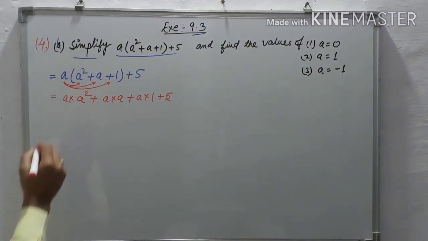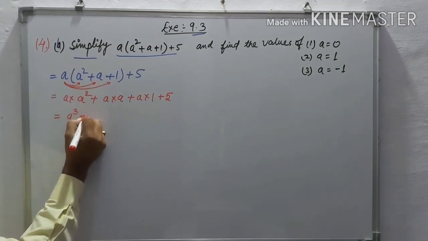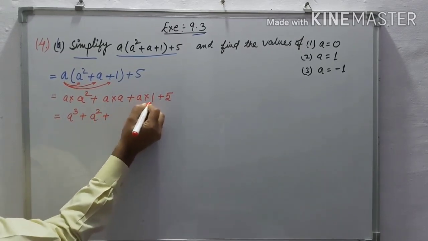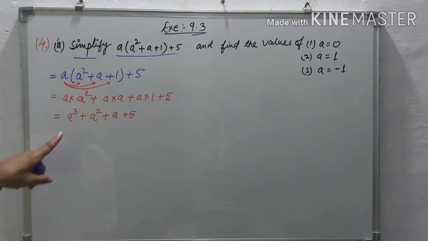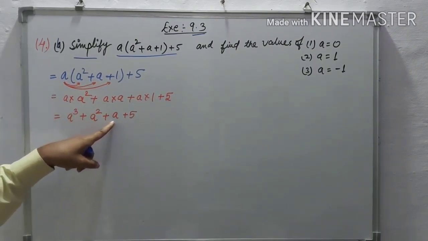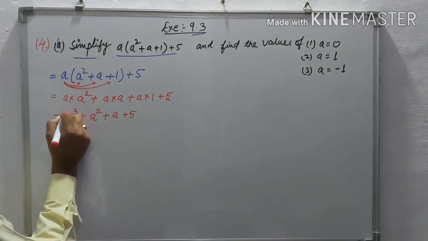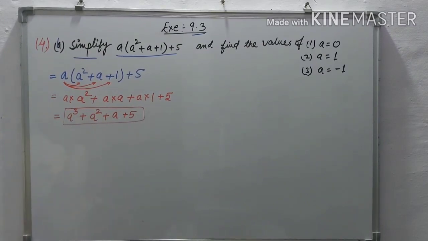Okay, then we multiply. A is 1 and A square is 2, so A power 3, here 2 times A square, and plus A multiply 1 is A, and plus 5. Here A power 3, A power 2, A and 5 are all unlike terms, so after simplifying, this is the final answer.